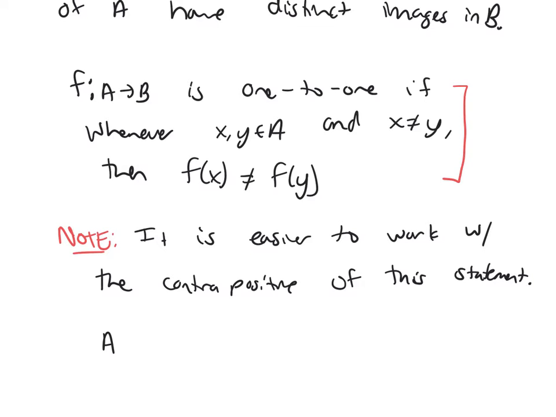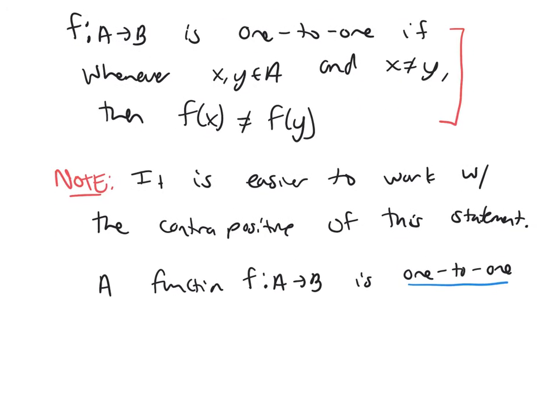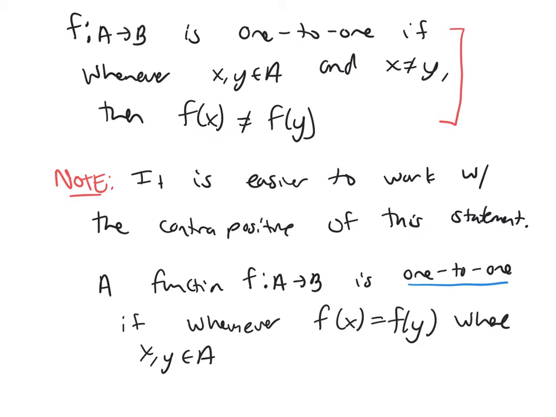So we're going to say a function f from A to B is one-to-one or injective, either one, if, so the contrapositive would be, whenever f of x equals f of y, where x and y are in A, then x equals y.